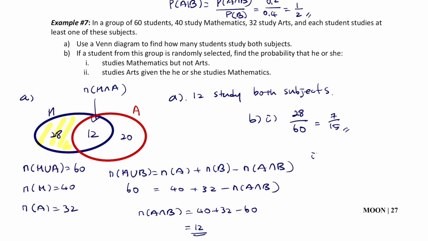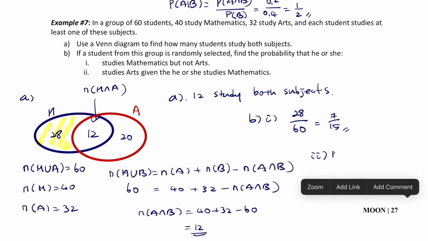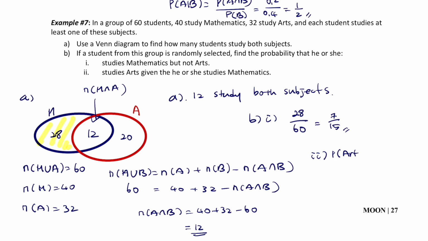Then question C, we need to find the probability that this student studies art given that he or she also studies mathematics, right? So we have to do the probability of arts given that this student also studies mathematics.